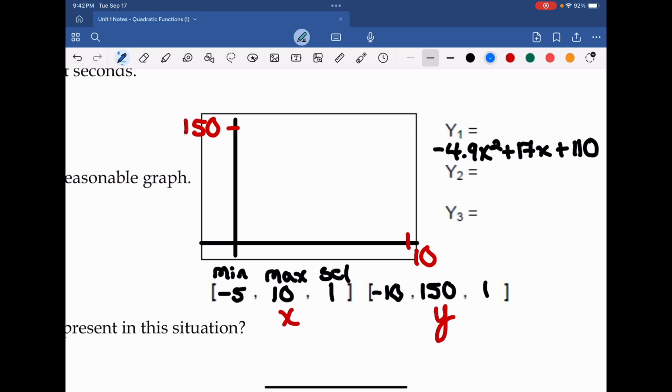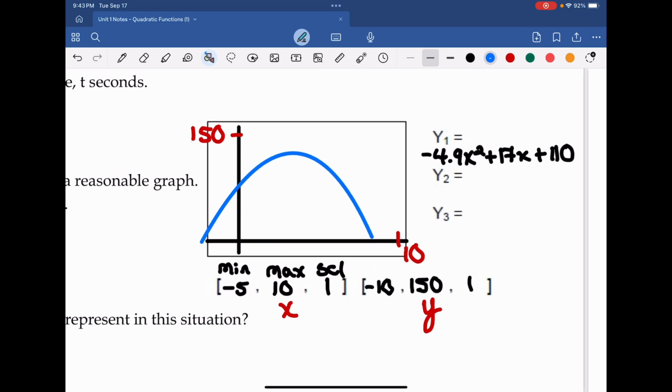It's going to cut through here, make some sort of parabolic shape, and then come back down. Perfect. And I'm going to actually use my proper sketching tool so that this looks a little neater. So it kind of looks like this. There we go. Now, yours might look a little different, but overall, if we have these window settings, it should look approximately like this.